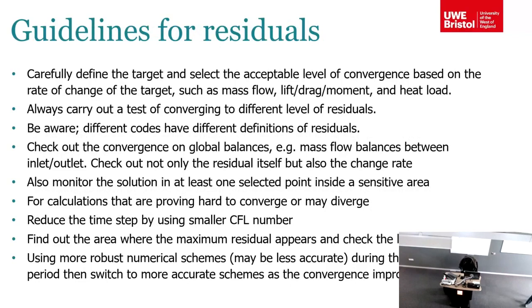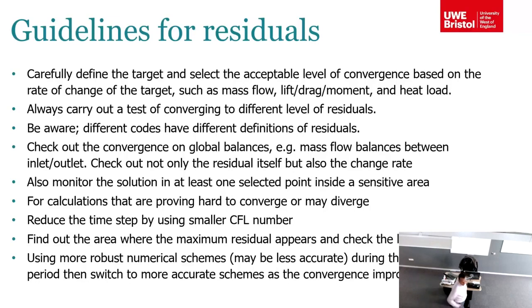So when you look at the residuals, don't be too ambitious in the first place. For example, velocity residuals, etc., you want to get to 10 to the minus 5, but don't try it first.